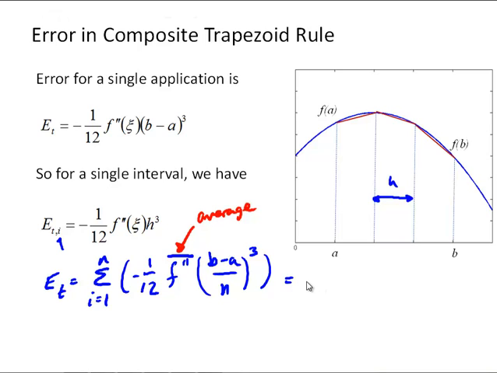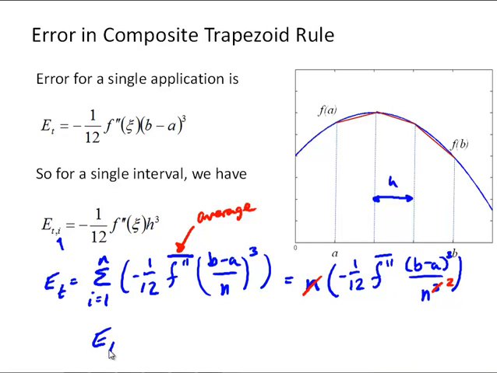So this is equal to n times -1/12 f double prime bar, and then I'll break this up, b minus a cubed over n cubed, and we see that the n cancels out with one of those cubes and changes that to a square, and we can rewrite the truncation error for the composite trapezoid rule, simplifying as -(b minus a) over 12 times the average value of the second derivative, and now we brought out one of the b minus a's, and so it's just proportional to h squared.